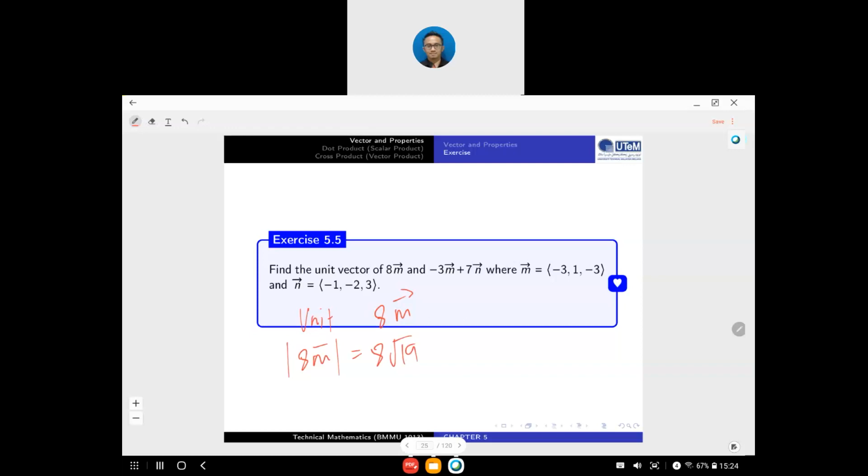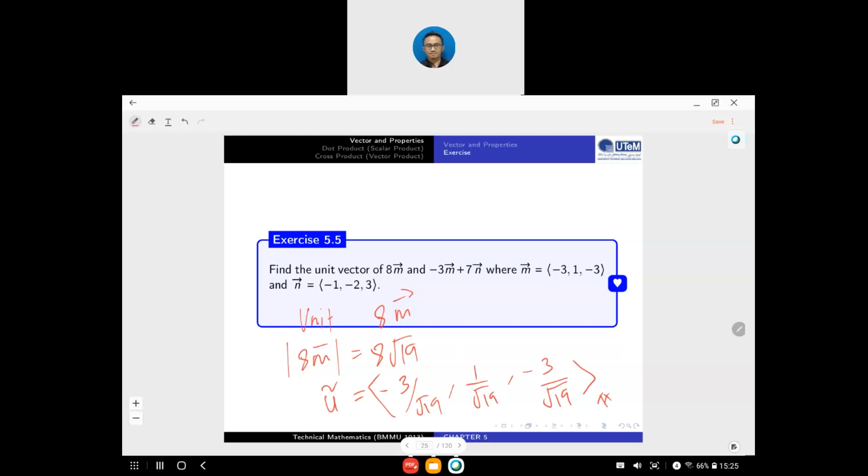And then you want to find the unit vector. The unit vector is -3 over 19, 1 over 19, and -3 over 19. Got it? That is the first one.